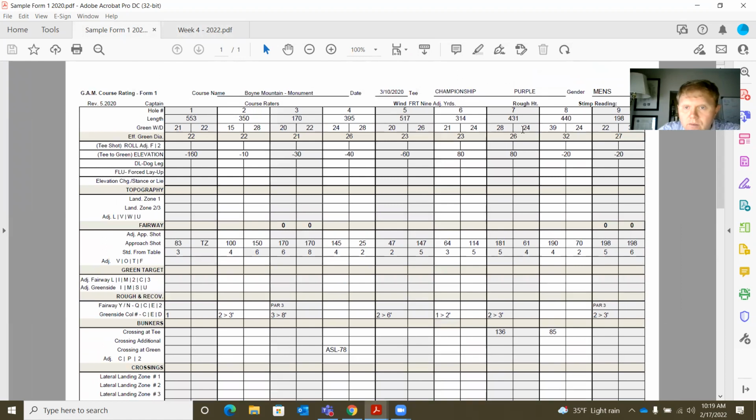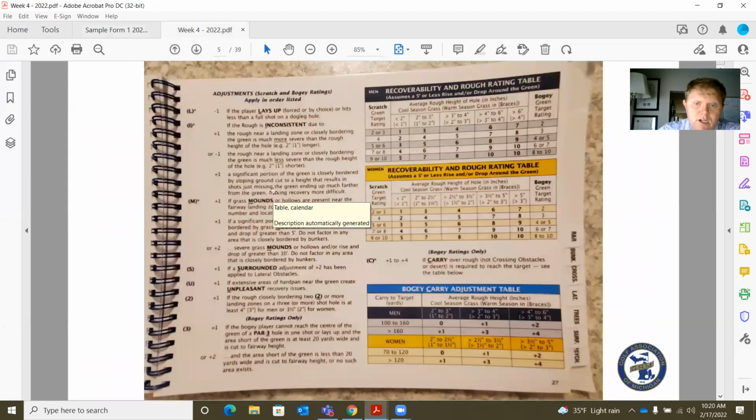Unfortunately I don't have it on here, but typically on this Form 1, you'll see the rough height listed right up here. And if you're looking at the chart here, you can see that we have men and women, so separate charts again. But then this middle section is our grass height. So in Michigan here, we're cool season grass.